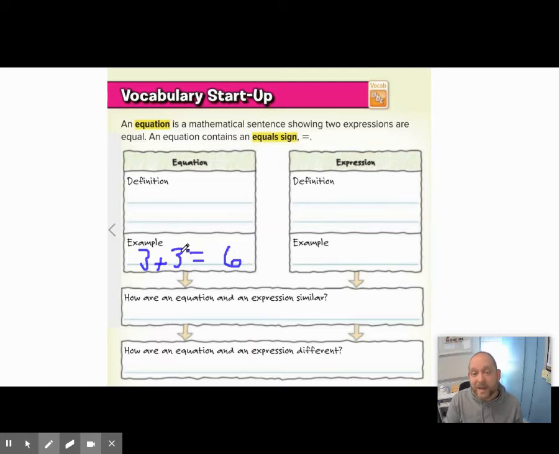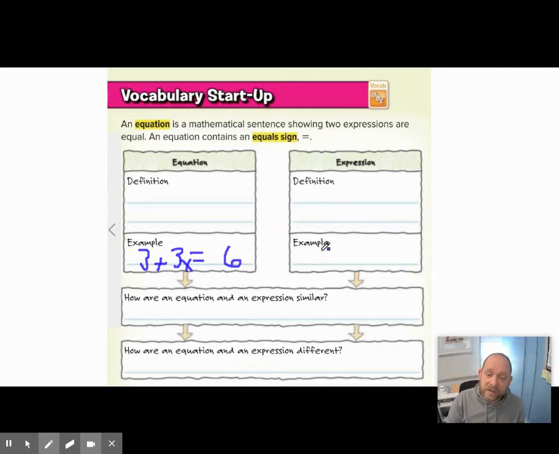I can even add a variable in there. So 3 plus 3x equals 6. In this case, I know x equals 1 because I didn't change anything over here, but that's beside the point. This is still an equation because I have an expression, an equal sign, and another expression. Even a number by itself can be an expression. It's just not an algebraic one.